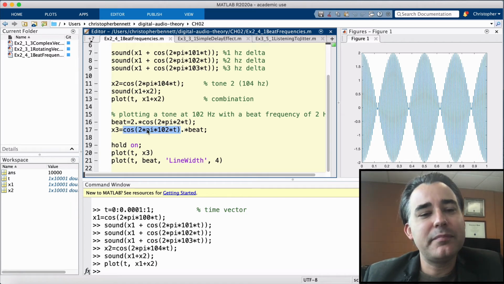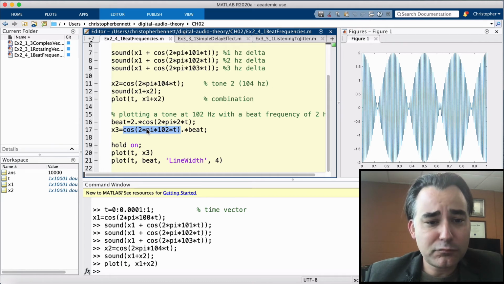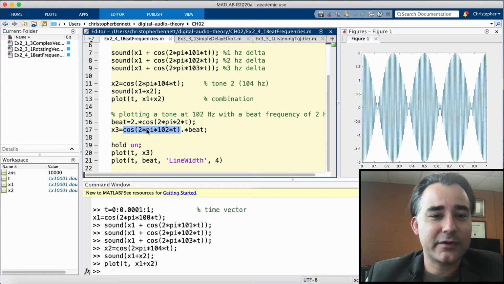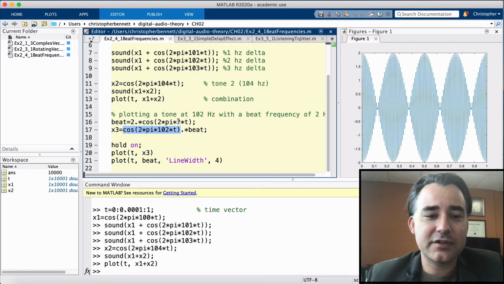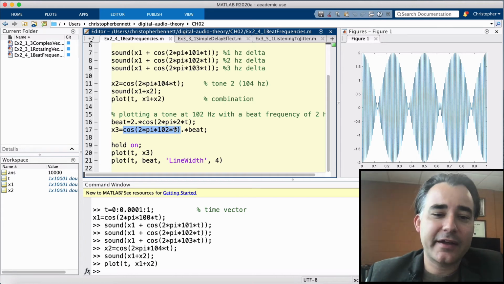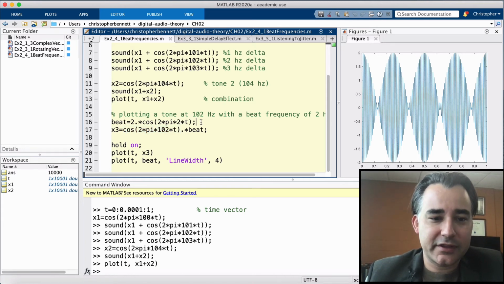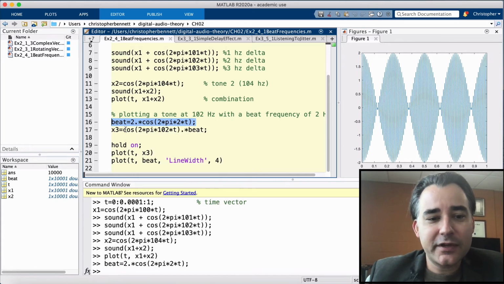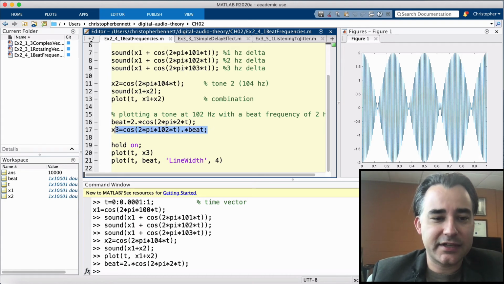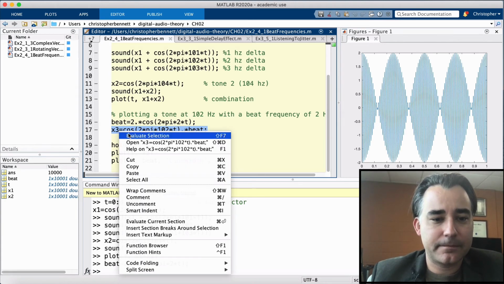And we said that the beat frequency is going to be equal to a cosine with the frequency that's the difference of those two over 2. So the difference of 104 and 100 is 4 hertz. If we take half of that, that's 2 hertz. So there we are right there. Let's create our modulator. And if we multiply the carrier and that beat frequency together, we're going to produce x3.